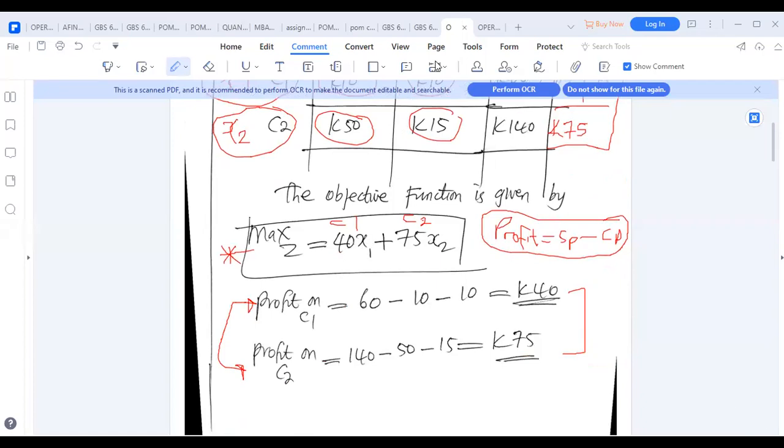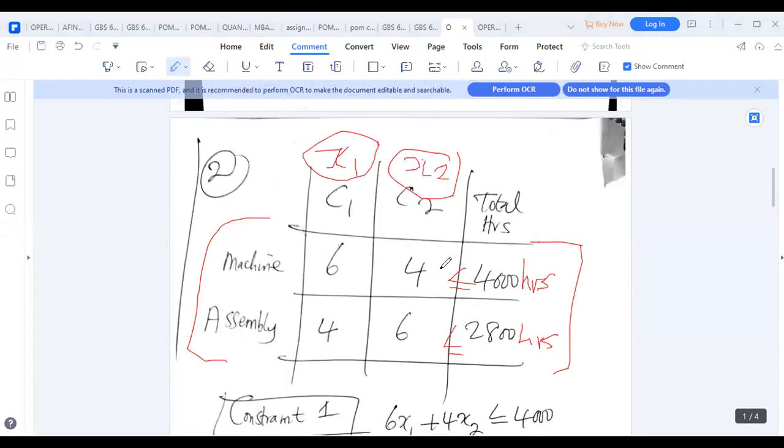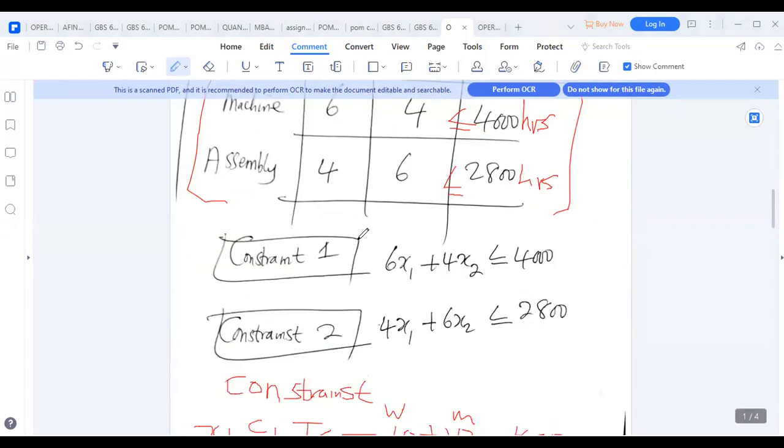Then the other one, for the machine hours, we had 4,000 there. So let C1 represent x1 and C2 represent x2. Meaning we had 6x1 and 4x2, this is where these ones came from.